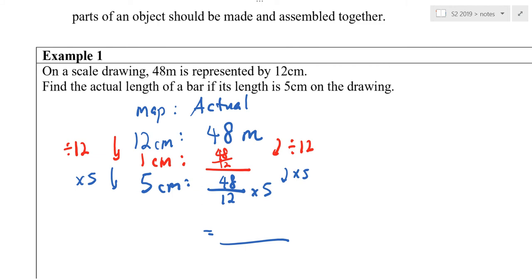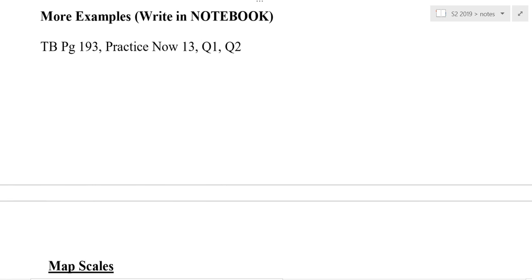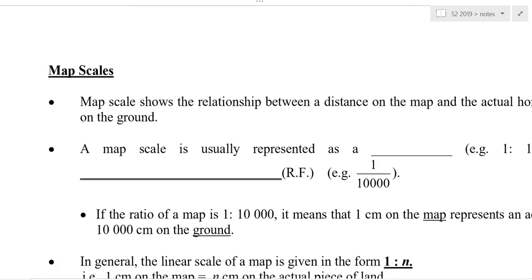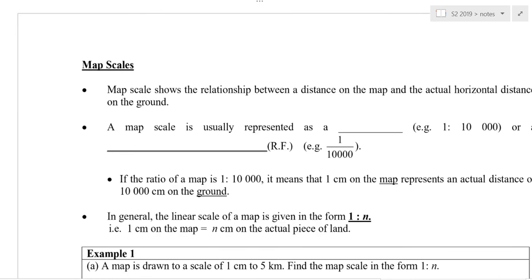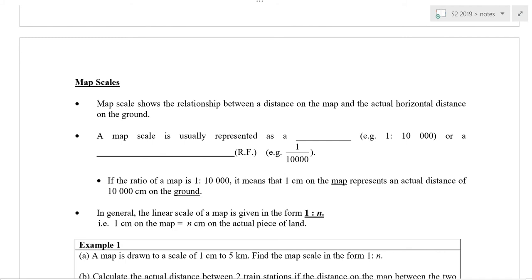What is the answer, Benjamin? 90. 20. Everyone got this answer? Okay, let's go on to the next part. Since every one of you is so good in your map skill, you can fill out the blank. I'll give you 10 seconds to fill out the blank.